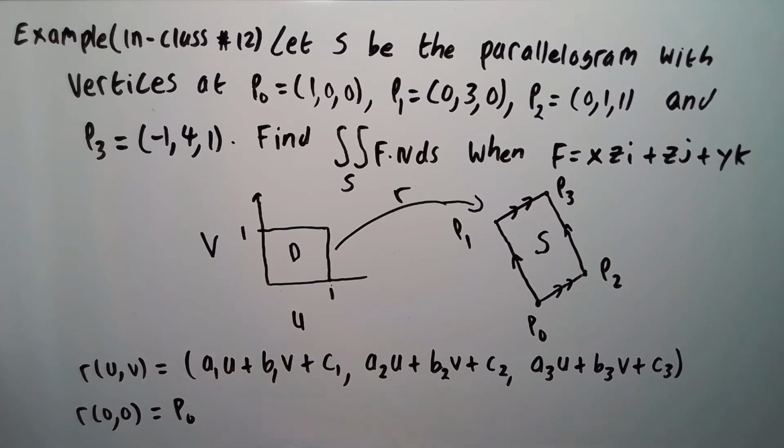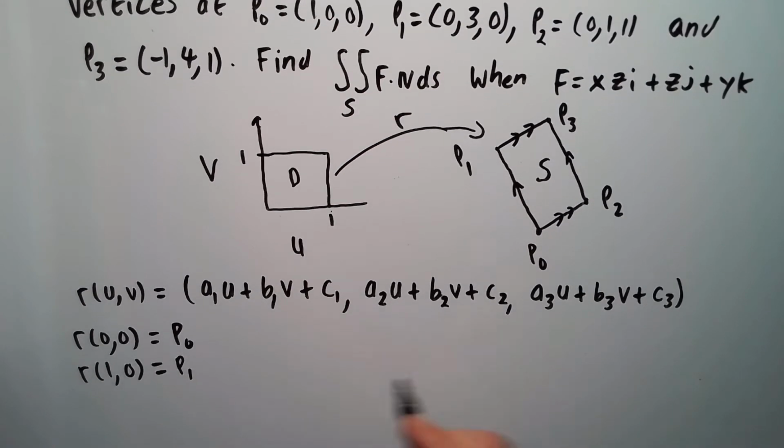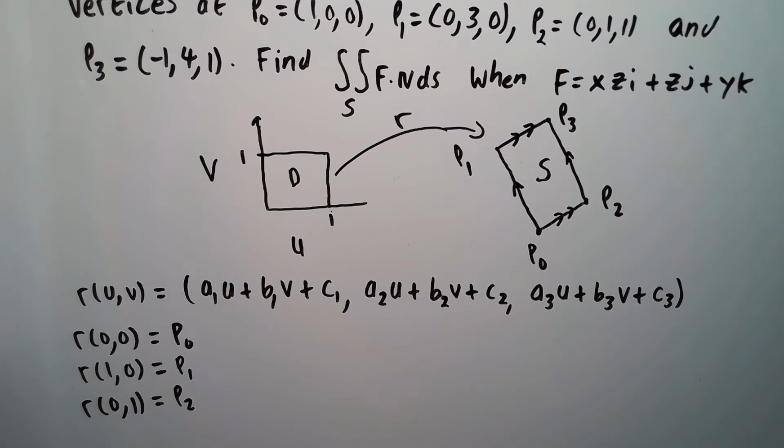Let's also send R(1, 0) to P1, and R(0, 1) to P2. And then R(1, 1) should go to P3. But as we'll see here, this will be enough to figure out these A's and B's. So let's keep going.